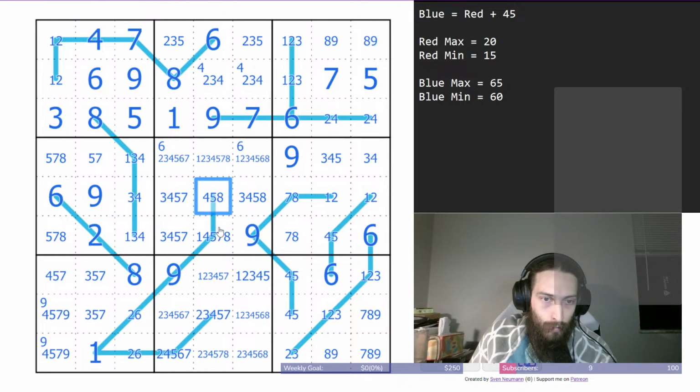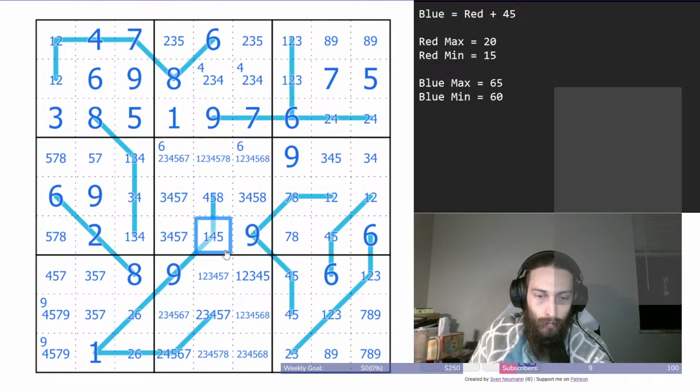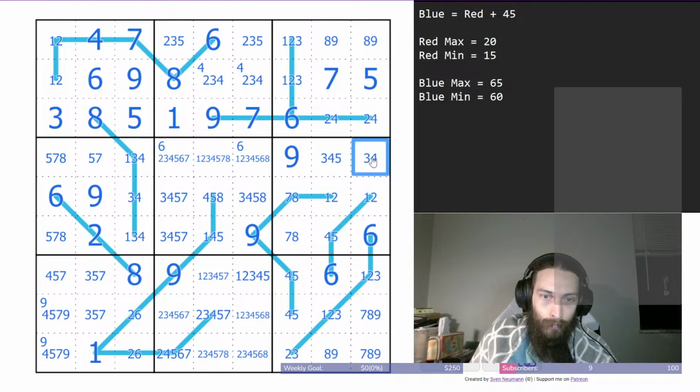The 3 has to be on the top row, so that takes the 3s out from the rest of row 4. And I fixed the stuff in here, so now there's just a 4, 5, and a 1 on the bottom and an 8 on the top. Okay.